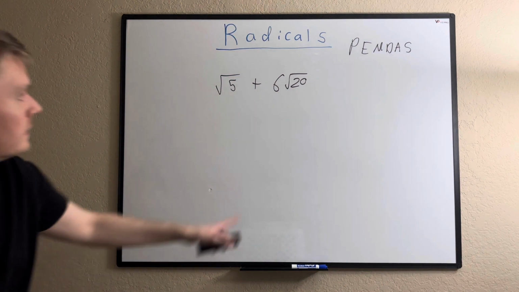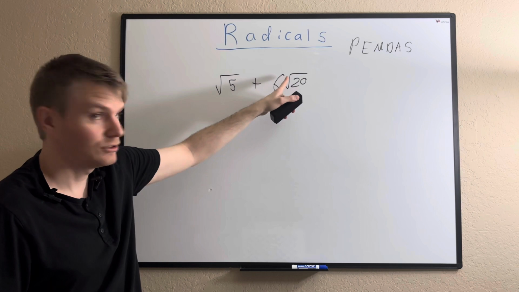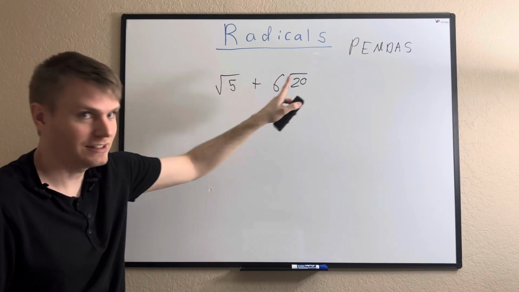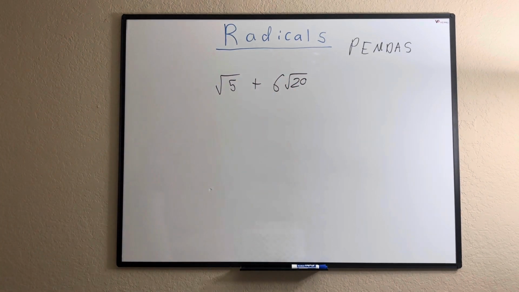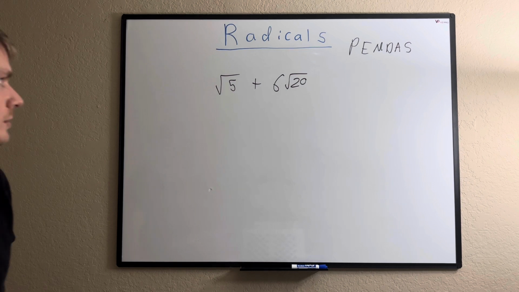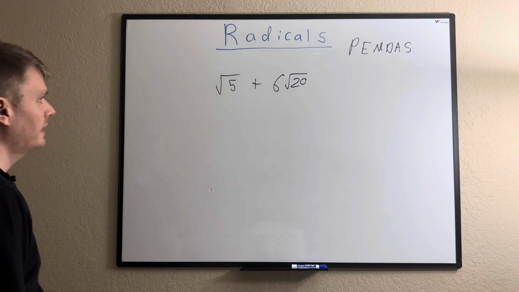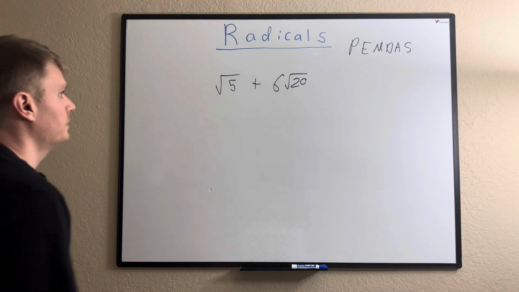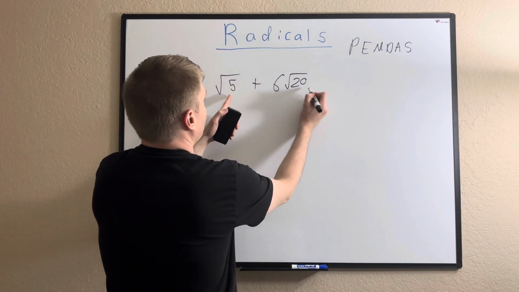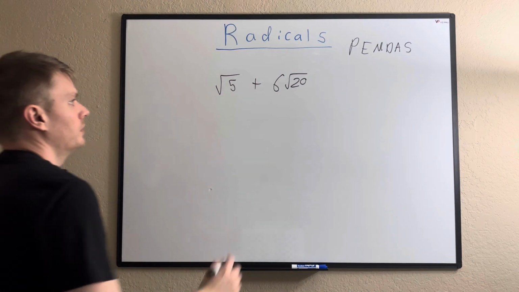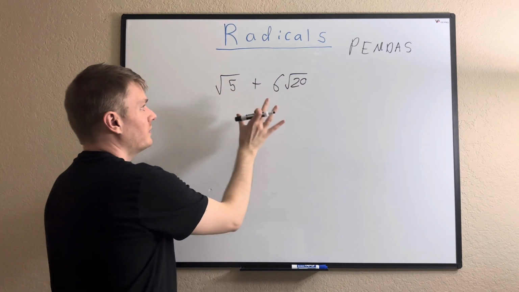Now the 6 is not small and above the check mark, so it's just 6 times radical 20. Whew, don't want to deal with a 6 root. Eesh. Can we add these together? No, we cannot, because the radicands are different. So this is as simplified as it's going to get.